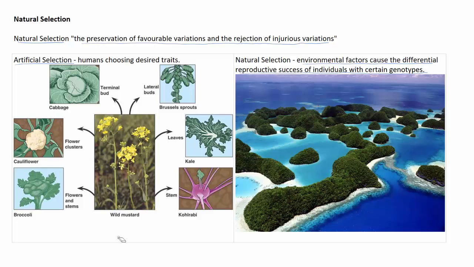So, for example, artificial selection is responsible for the production of 5 different vegetables purely from wild mustard. So wild mustard is the common ancestor for all 5 of those vegetables, and through descent with modification caused by artificial selection, you end up with 5 different species of vegetables.